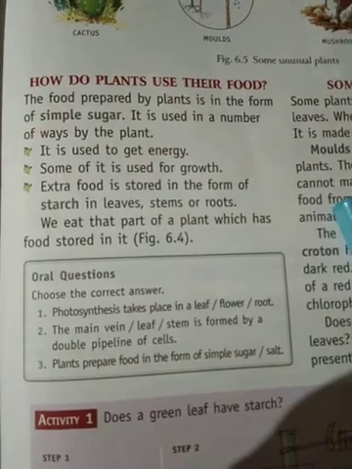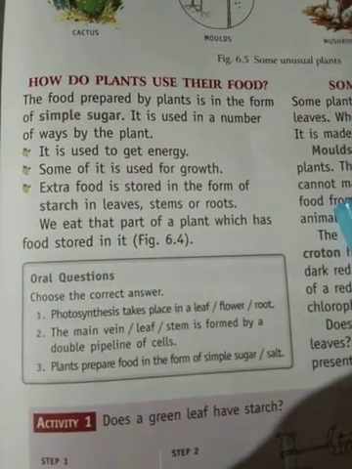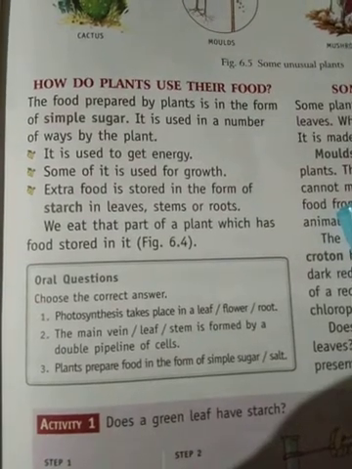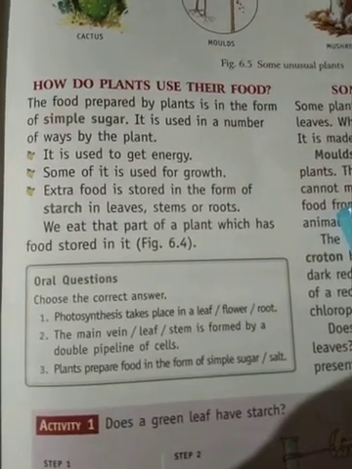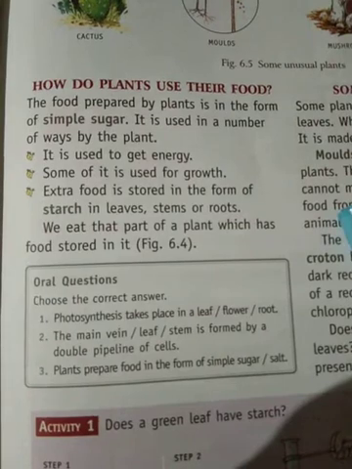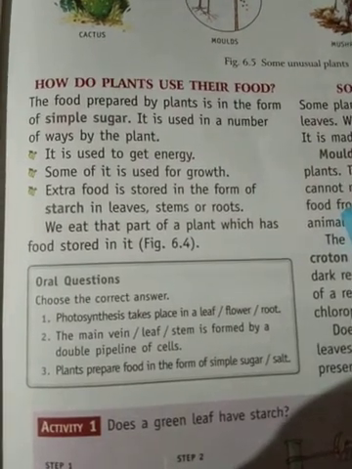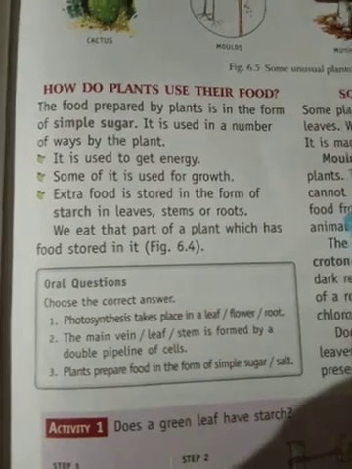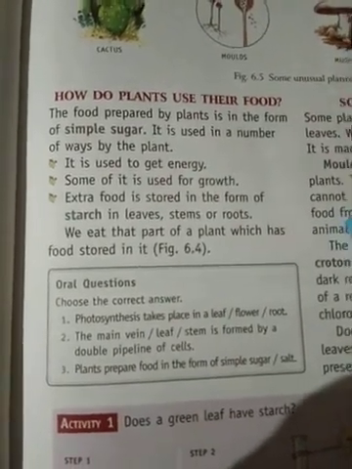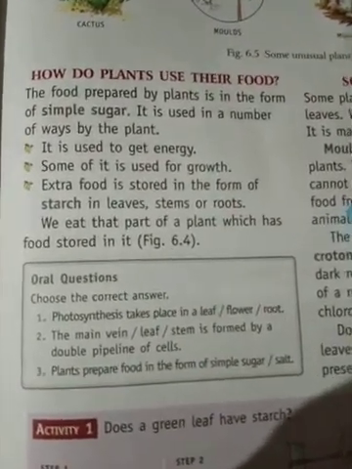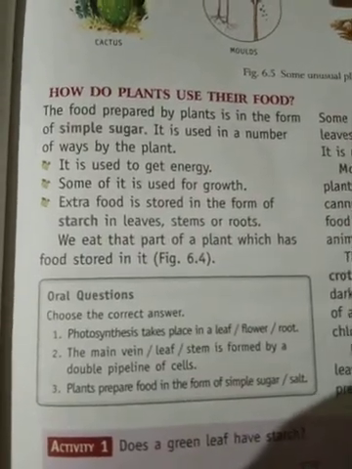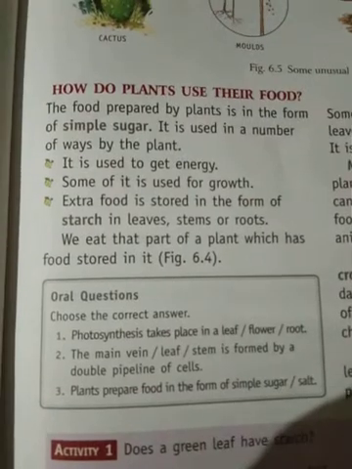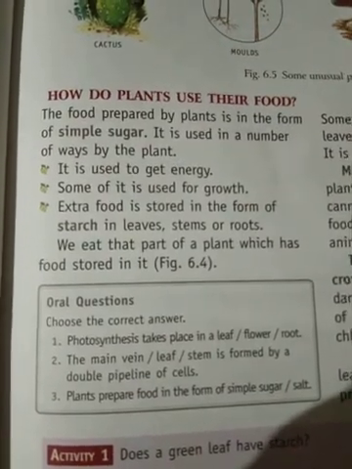They don't know how much they are going to use. But how does it happen? Say at our home, whenever our mom prepares food, sometimes some part of the food is not eaten. We could not eat all of it, right? So we store it inside the refrigerator or some other freezer, right? So the same thing happens in the plant body also.